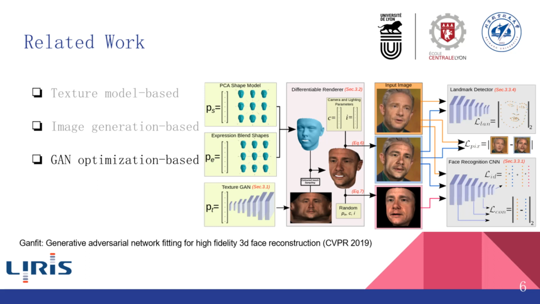First, they train a generator that converts noise vectors into UV maps, and then they directly optimize the latent code to minimize the reconstruction error between the input face image and the image rendered by the generated UV map. However, the training of the texture GAN also requires high-fidelity UV maps, and the optimization is time-consuming.